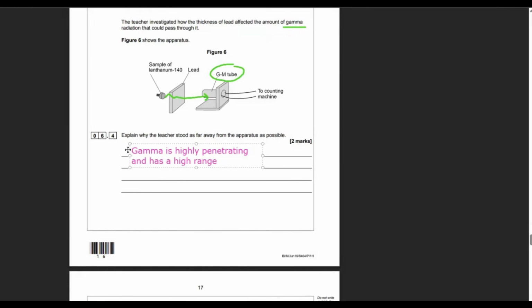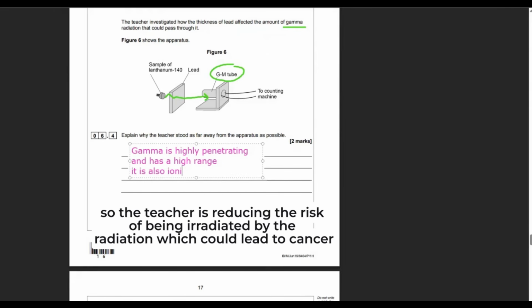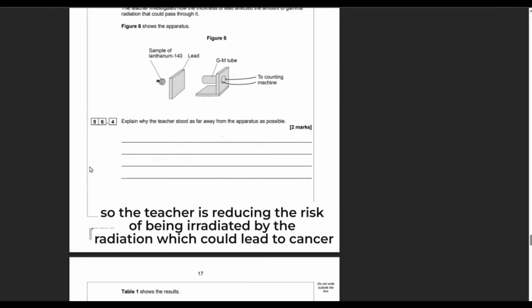It is also ionizing. Now, I know it's the least ionizing, but gamma radiation can still give you cancer. So it is also ionizing and could damage cells. The teacher's trying to avoid getting irradiated, I should say, not contaminated.